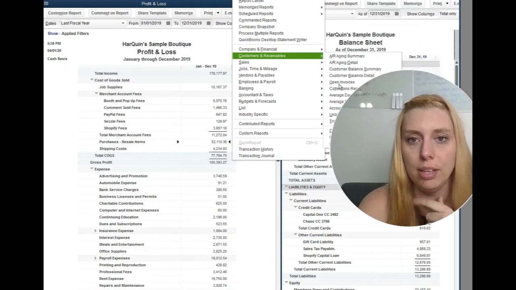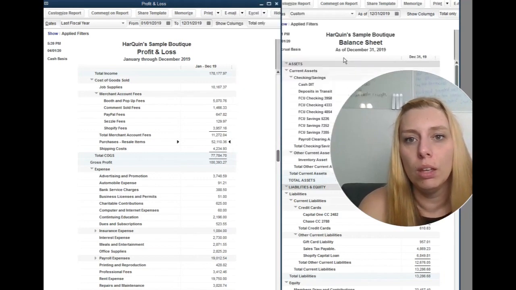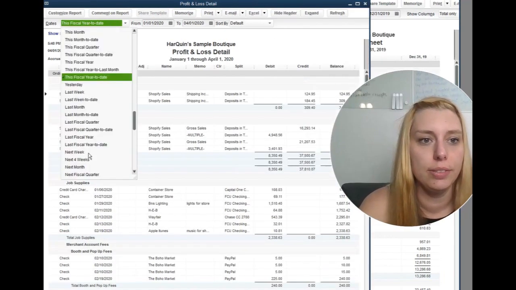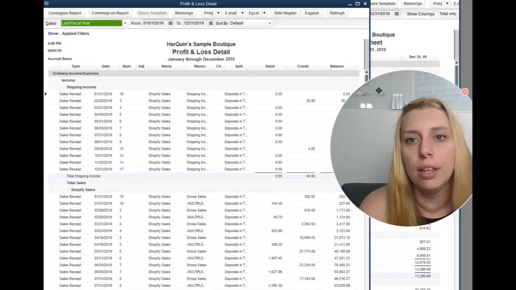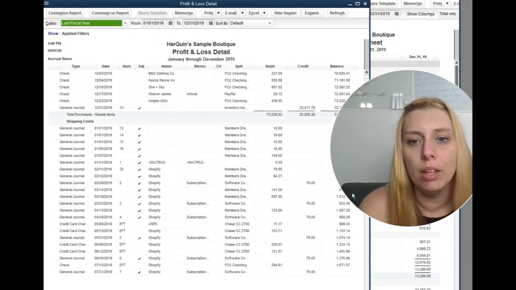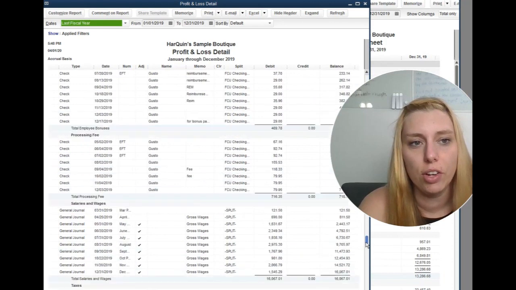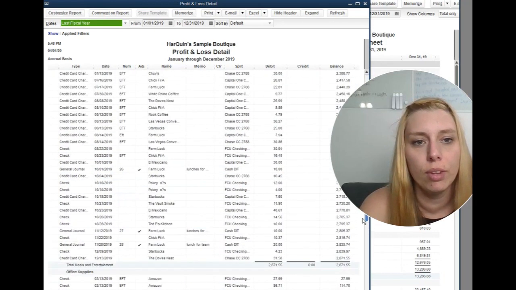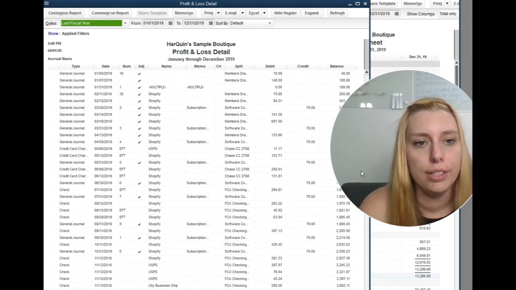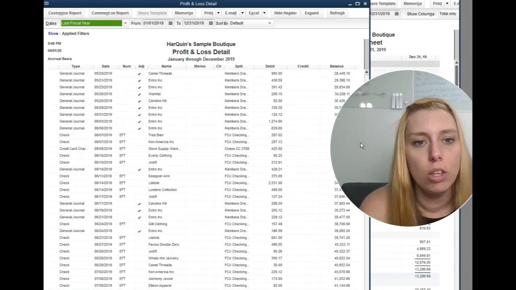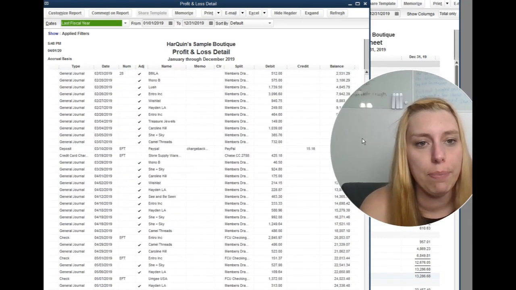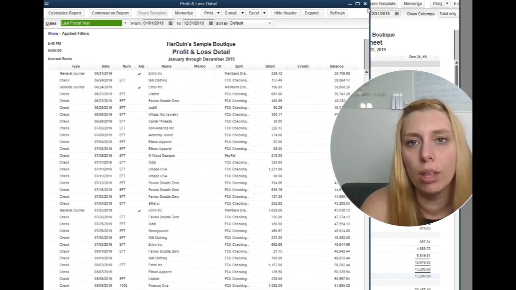Let me move my face. Okay. P&L detail, let's say last fiscal year. Let's look down here. So this is what accountants look at to see if things are coded correctly. So when you go to your purchase for resale, you want to be able to just look right here and say, yep, that's all classified right.